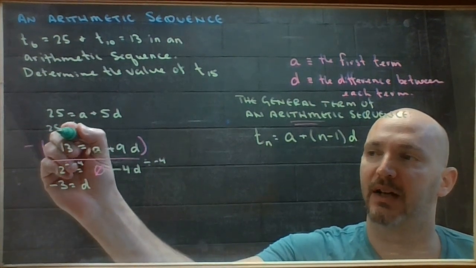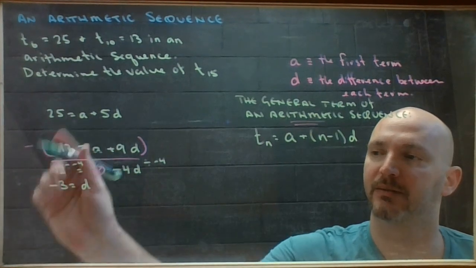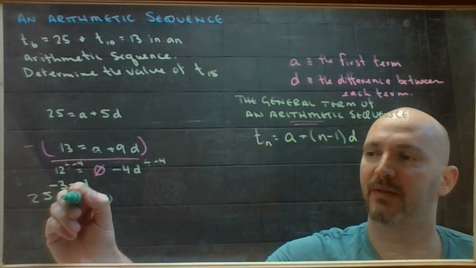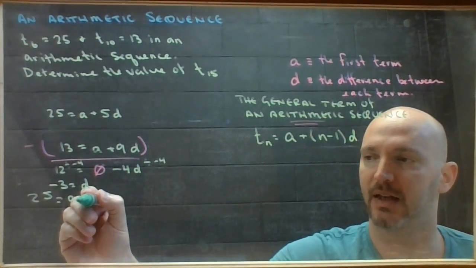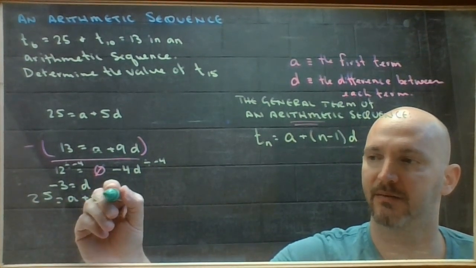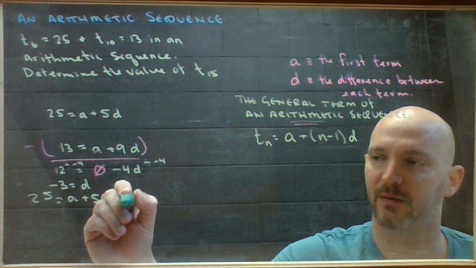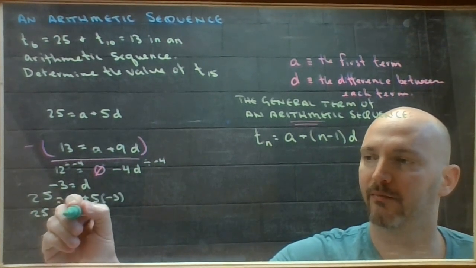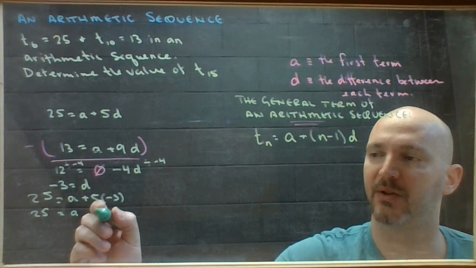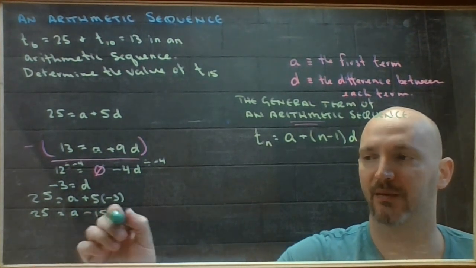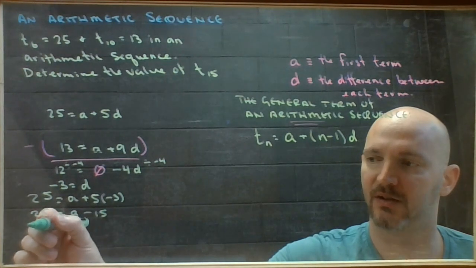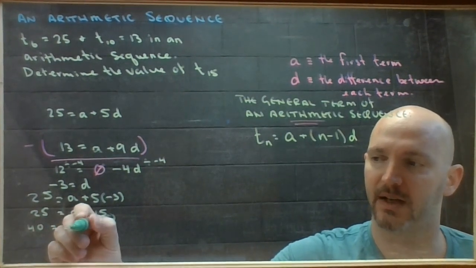So 25 equals A plus 5 times your d value, which is negative 3. 5 multiplied by negative 3 is negative 15. And I'm going to add 15 to both sides, which gives me 40 for my A value.